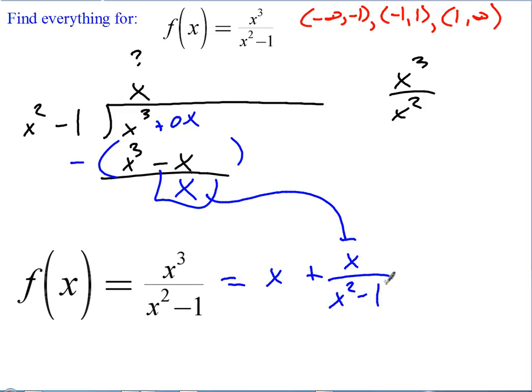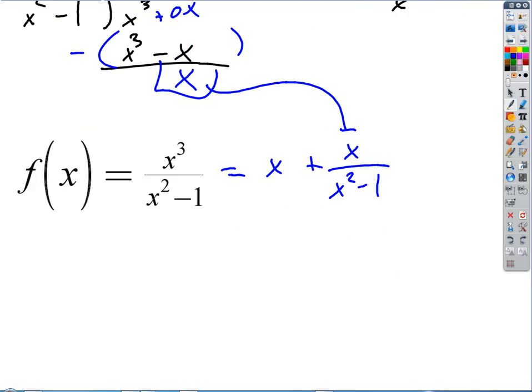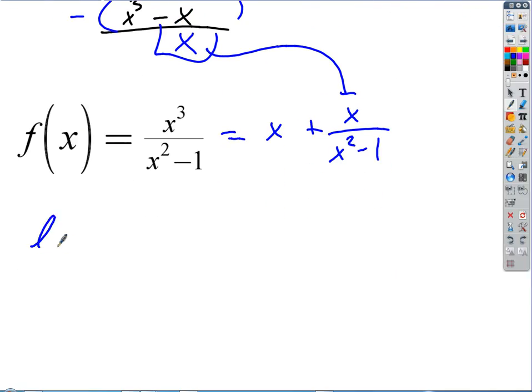What's the advantage of that? When I'm taking the limit. Well, maybe it's not obvious what the advantage is, but look what happens here. If I take the limit of f of x as x approaches plus or minus infinity, I get the limit of this stuff, right?